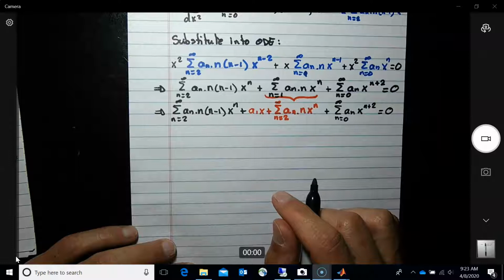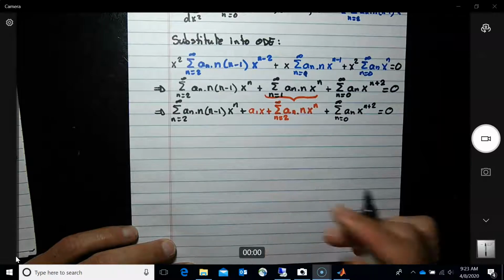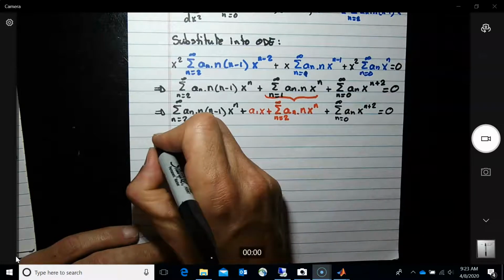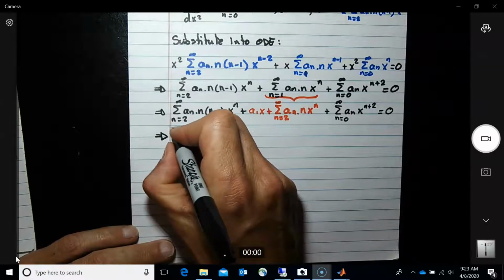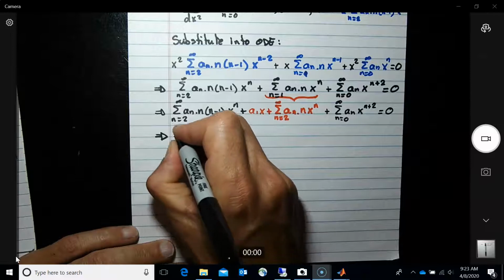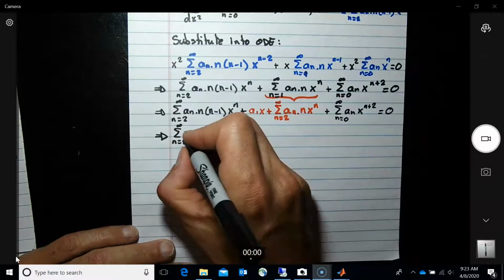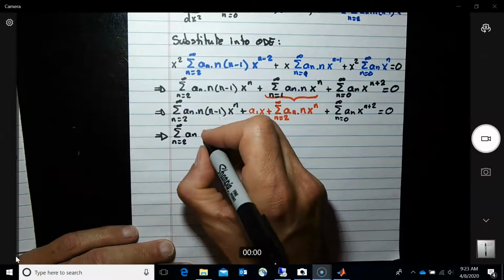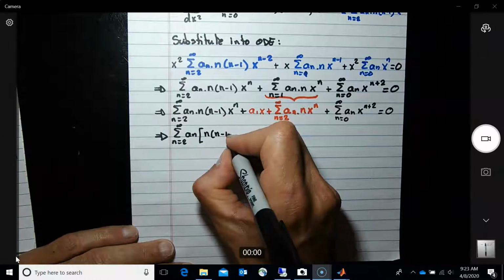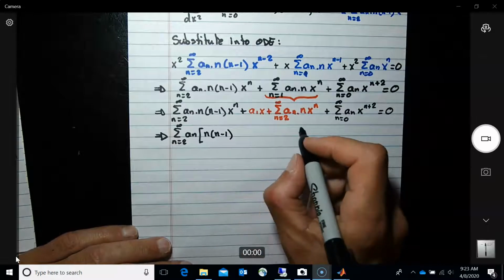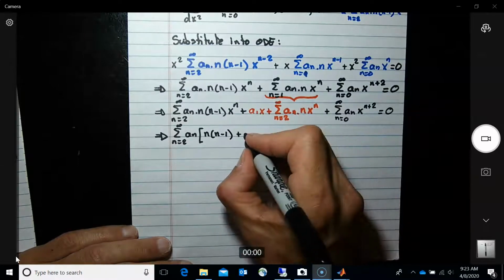Alright, so we can combine over here these two terms. So this will give us what? Summation n equal to 2 to infinity, factored by a sub n, and we're going to have n times n minus 1 plus n for this term.